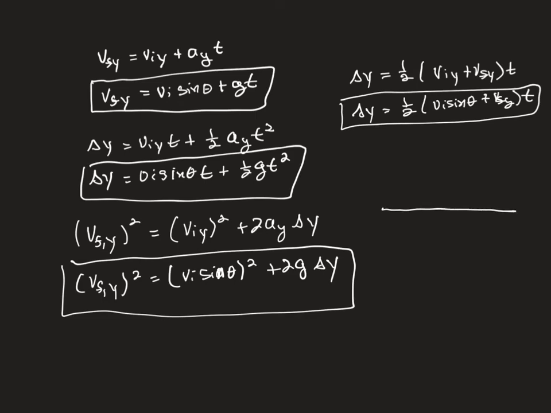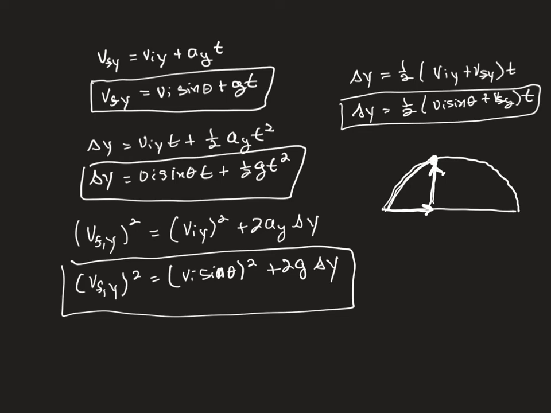So if you have an object that is flying through the air, and say I ask you about something that happens right here, you'll have some delta x and some delta y. However, the object actually goes like this. It isn't like there's a separate time for x and a separate time for y.